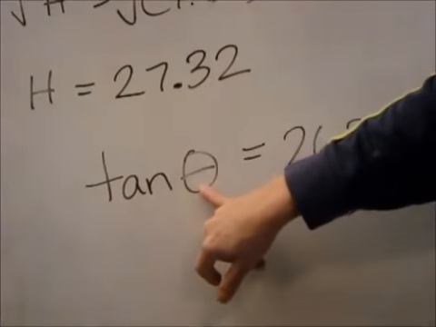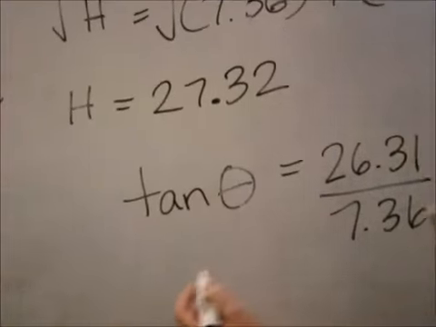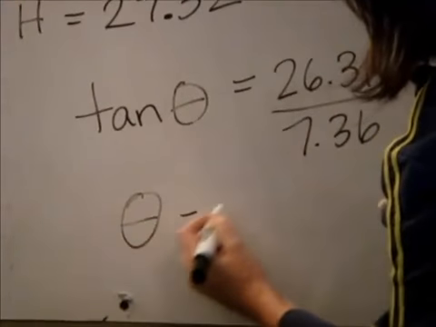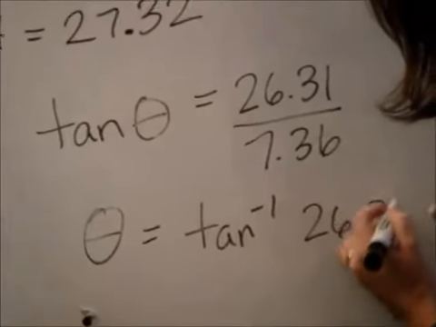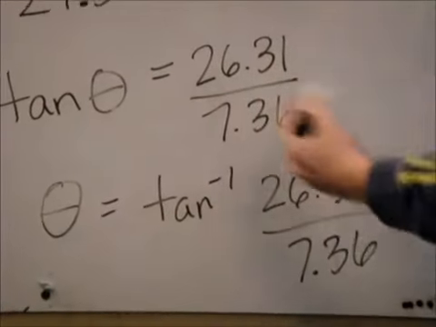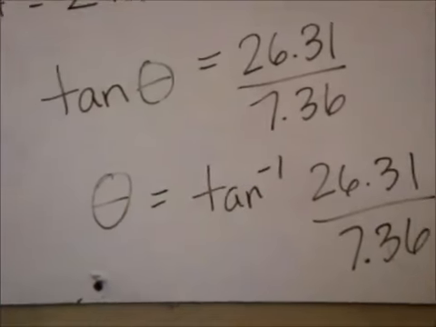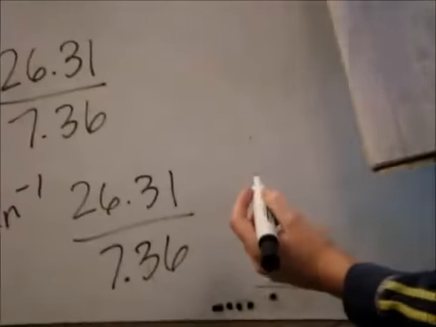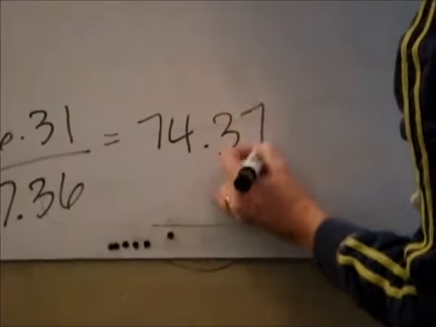But we want what theta is, so we're going to take the inverse tangent of both sides. So theta equals inverse tangent of 26.31 over 7.36. You just put this in your calculator, and out will pop an angle. So our final angle that we need is 74.37 degrees, which would be this angle right here.